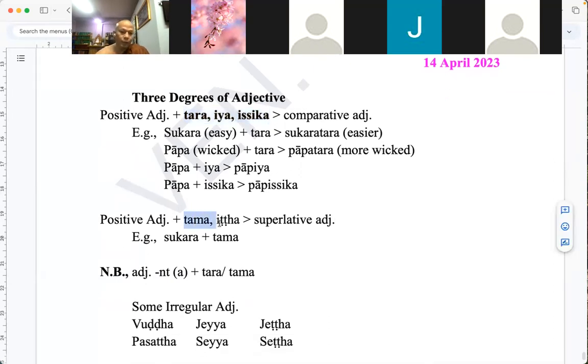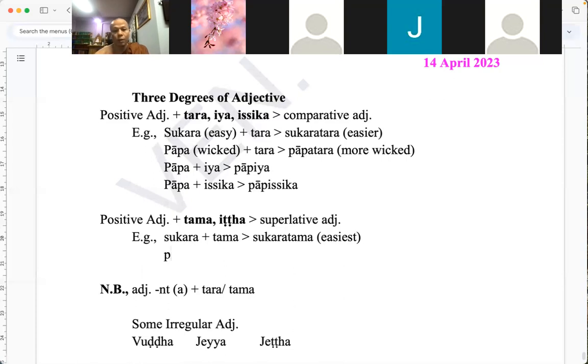And then superlative adjectives are tama and the iṭṭha. Okay. So now we have the sukaratama. Okay. So sukaratama means so easiest in this way.